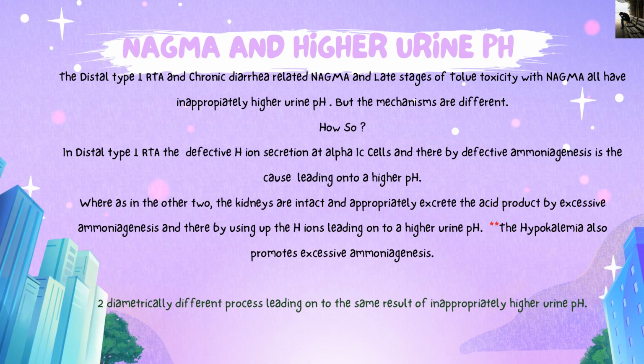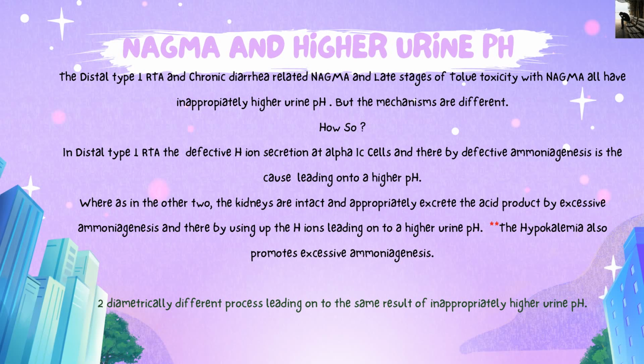The hypokalemia associated with the diarrhea also promotes excessive ammoniogenesis. When we discuss hyper and hypokalemia and ammoniogenesis in renal physiology, we will look at this in more detail, but for now I think this understanding is sufficient.